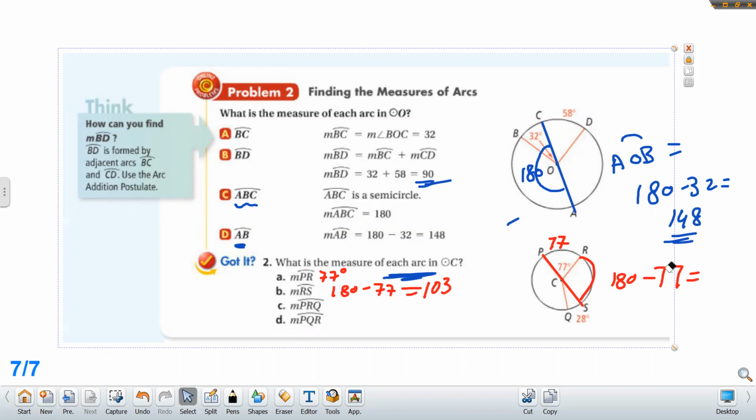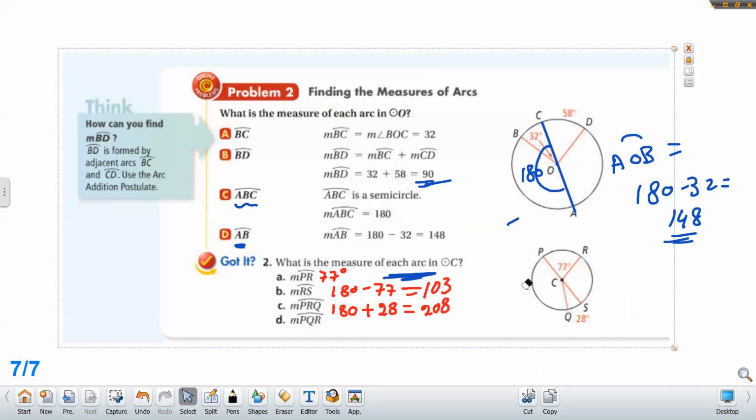The next question is the measure of BRQ. We know that B is all of this 180, and I have Q as 28. So in this case, it's 180 plus 28, which is 208.